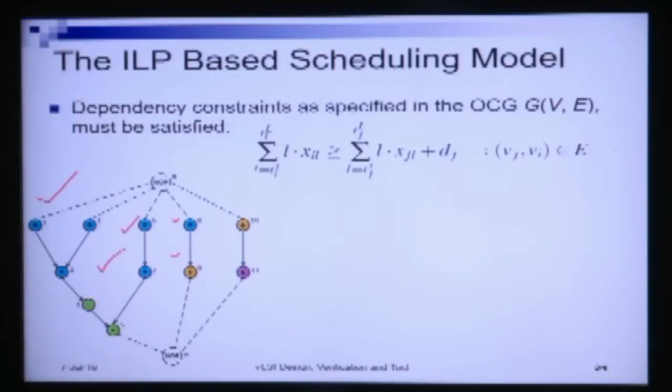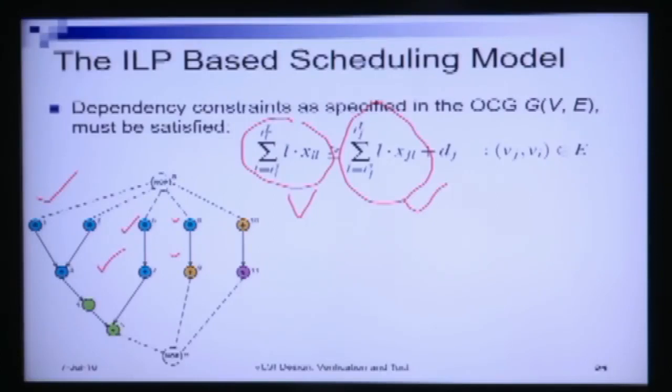As we said in the previous slide, this represents the start time of operation J. So, the left one indicates the start time of operation I, and this represents the start time of operation J. The start time of operation I should be after operation J starts and the whole propagation delay of the jth operation is also crossed.